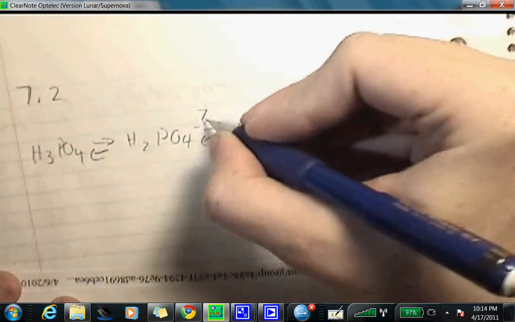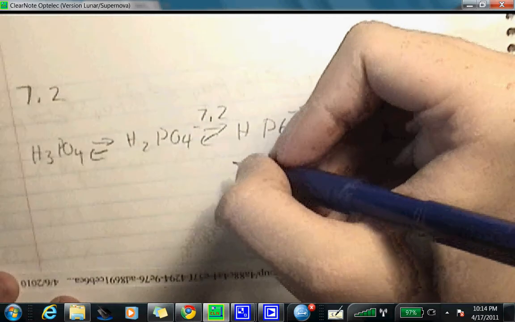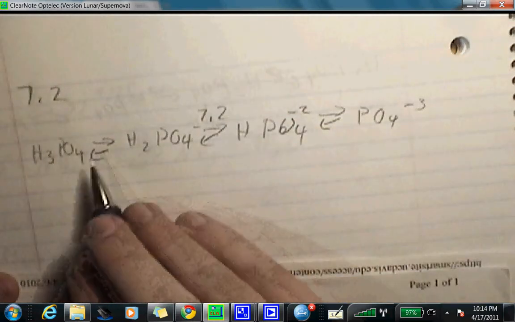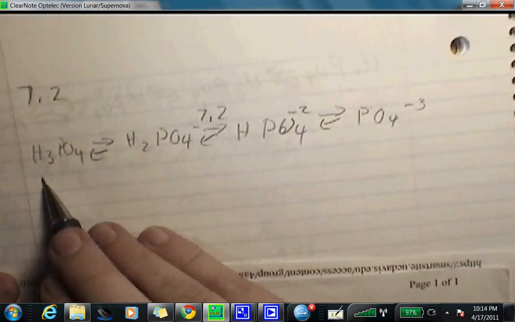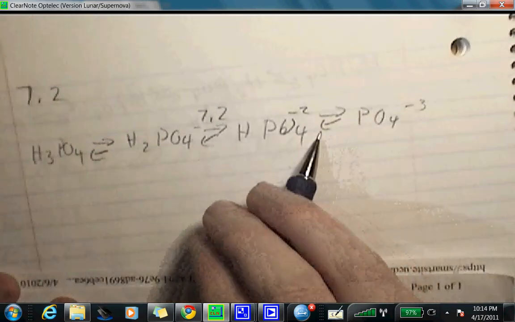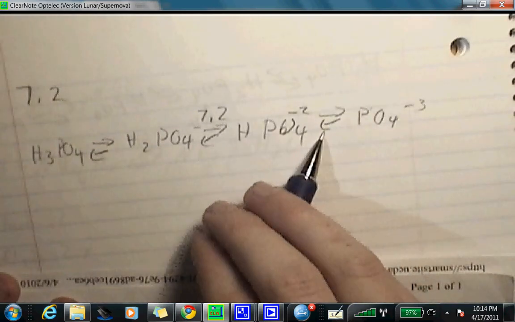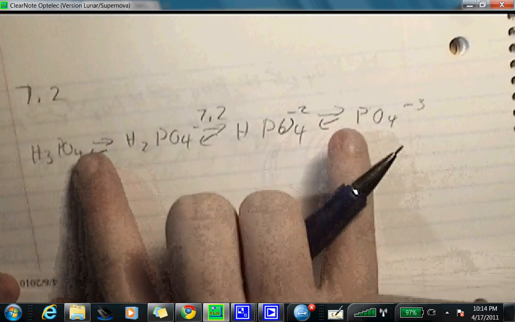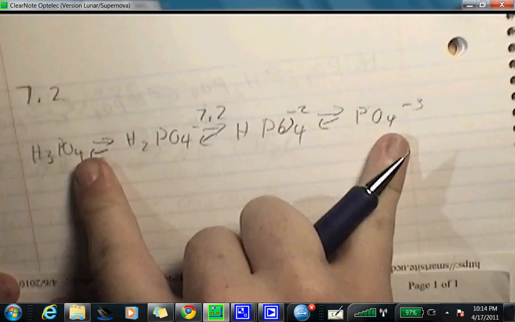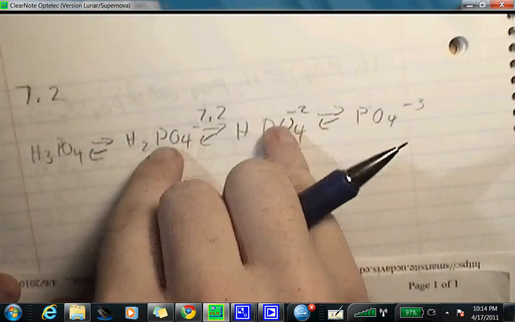This right here is 7.2. This right here is going to be 2.15, and this is somewhere in the range of 12. So these two are so far away that we're not going to care about these two compounds. We're only going to focus on these.